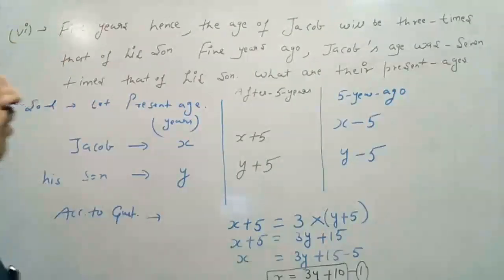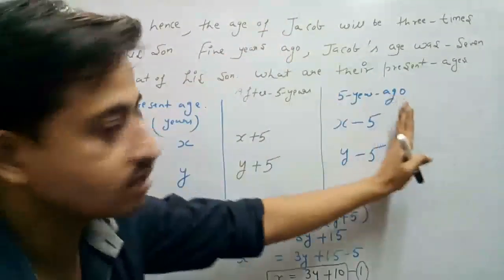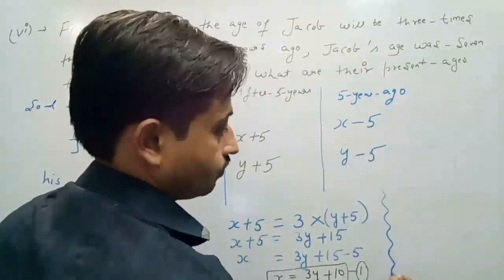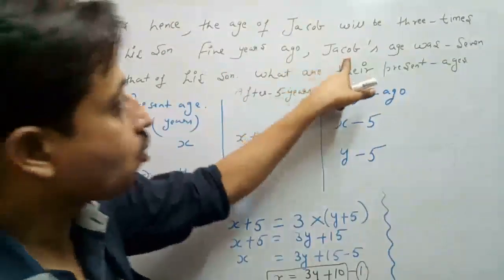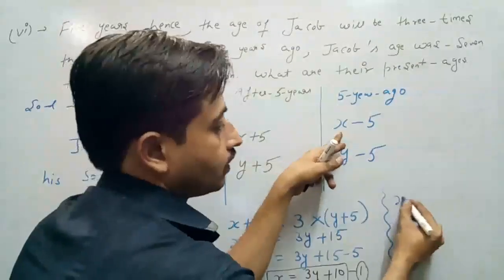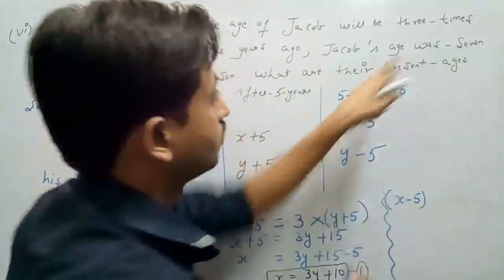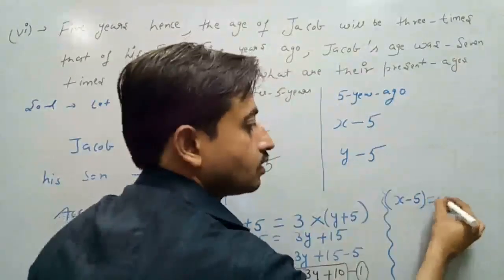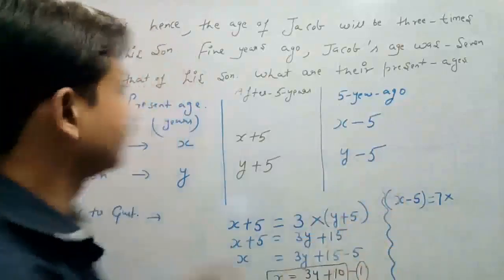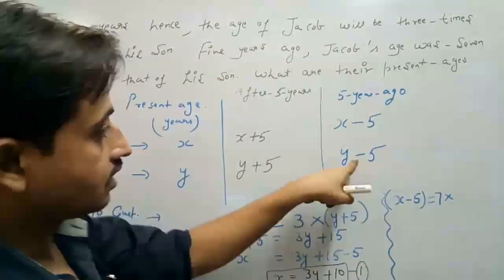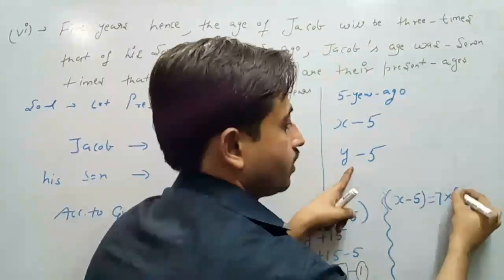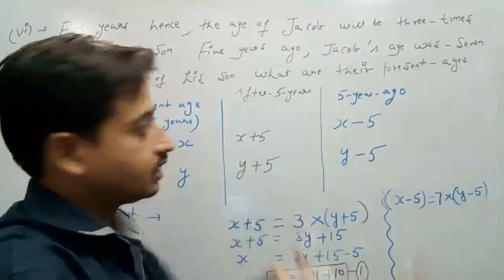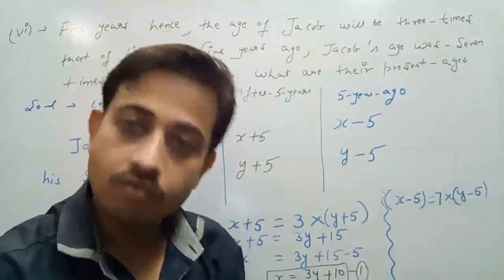Now read the second part. 5 years ago. Ago means we are talking about this age. 5 years ago, Jacob's age is what? x minus 5. Was 7 times means 7 multiplied by his son. The son's age is y minus 5. So this is the condition after 5 years, and this is the condition before 5 years.